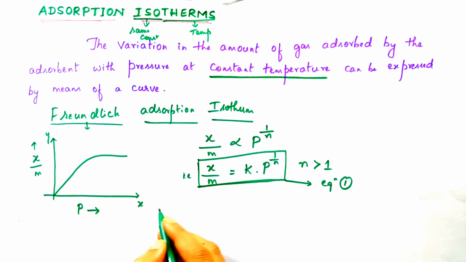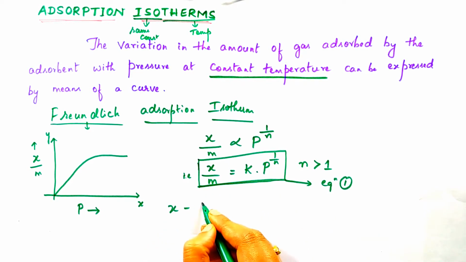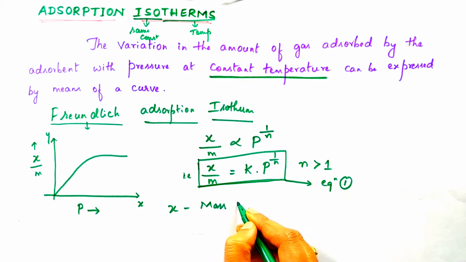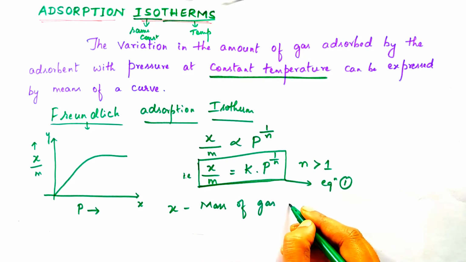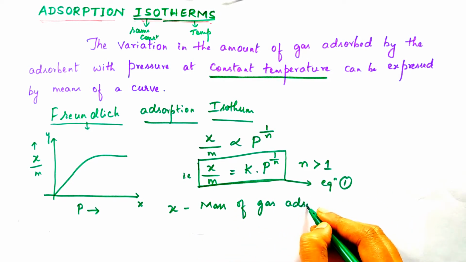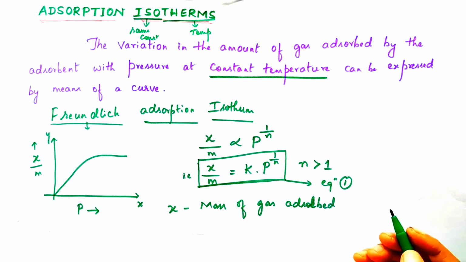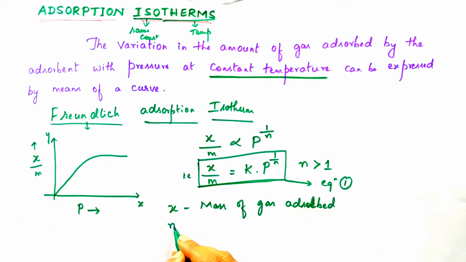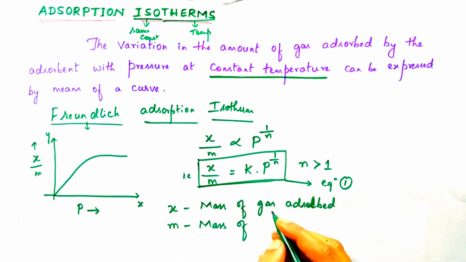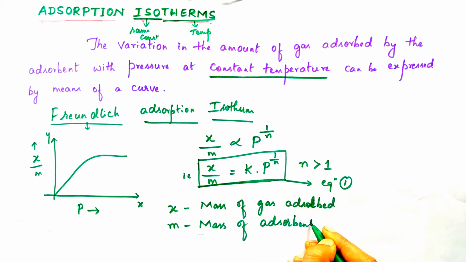Here, x indicates the mass of gas adsorbed on the surface of the material, and m indicates the mass of adsorbent.